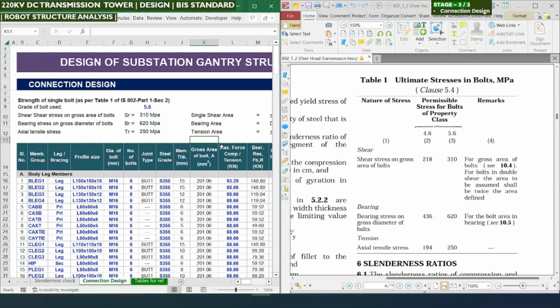So once we have found these stress values as per IS 802 part 1 section 2, table 1, now we need to calculate the load carrying capacity of the bolt in shear, bearing and axial tensile stresses. We know that if you multiply the stress with the stress area, we will get the force.